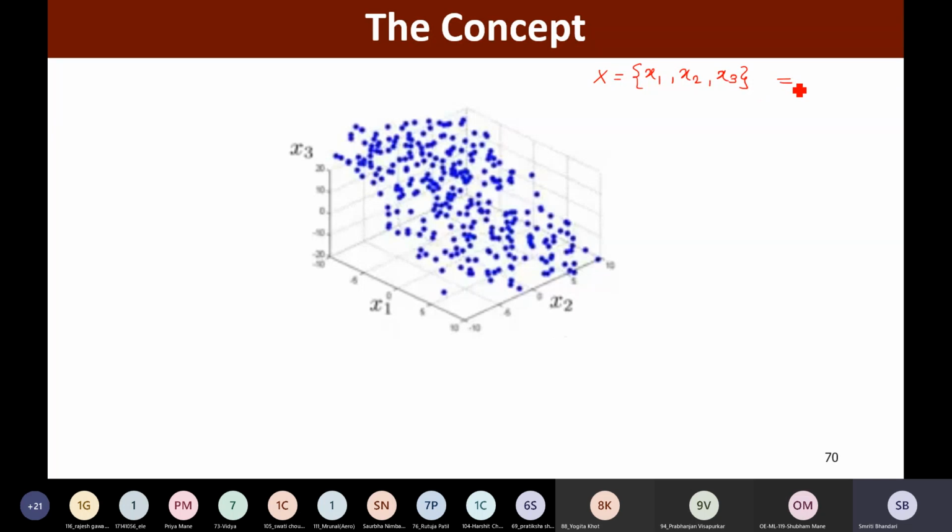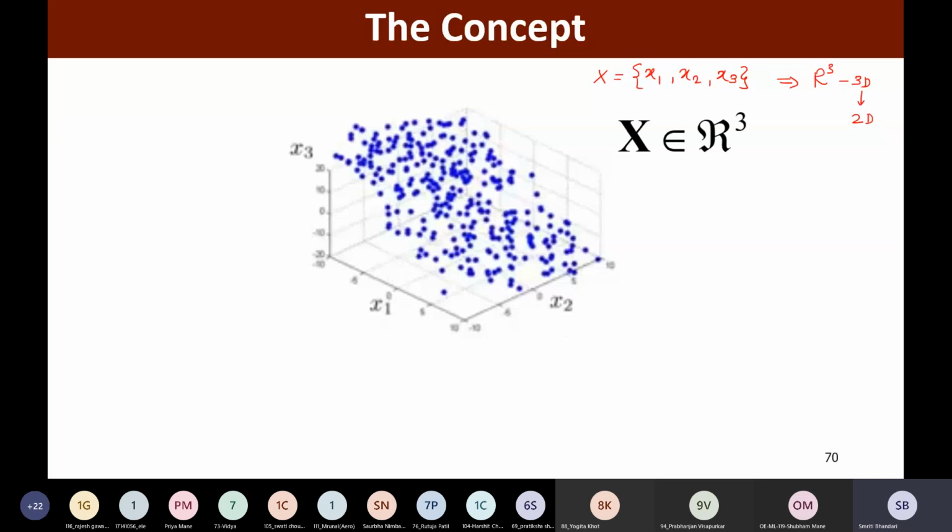I have a 3-dimensional space, and I want to convert it into 2 dimensions. What does this mean? I want to reduce the number of features from 3 to 2.